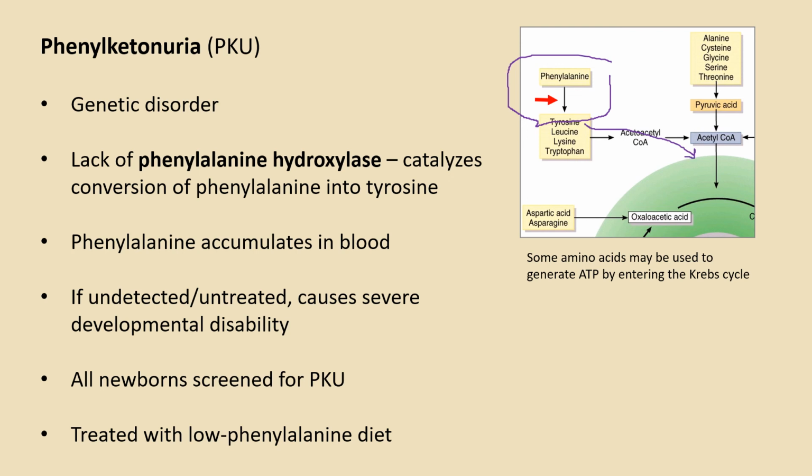But in people with PKU, this step with the red arrow doesn't happen. And so in the body of somebody with PKU, phenylalanine accumulates. It builds up, and it turns out that this leads to big problems in the central nervous system.